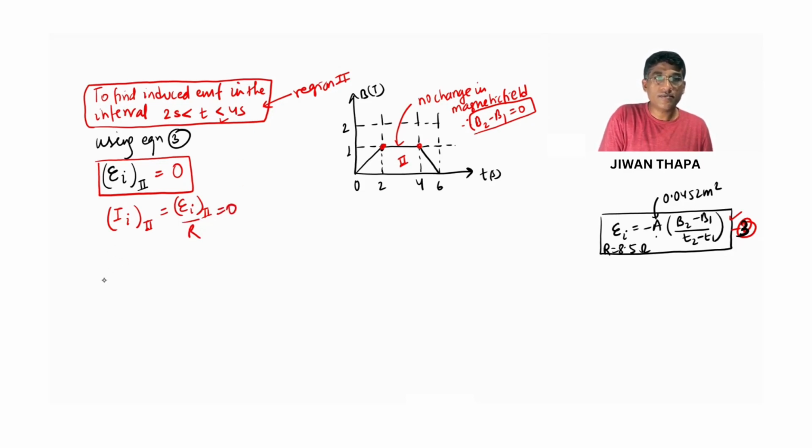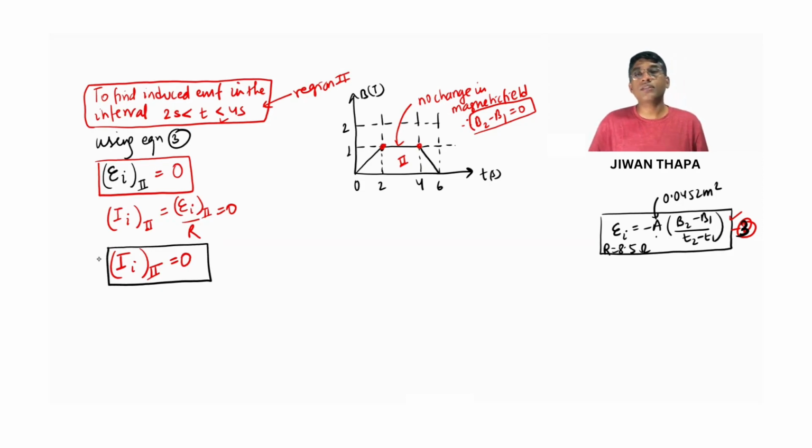Therefore, we can write induced current for region second equals 0. So we have this. Okay, we need to note this.